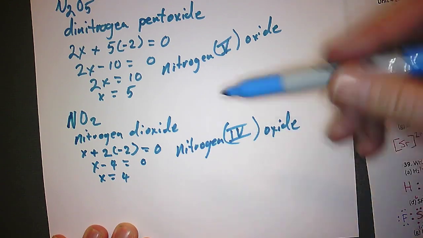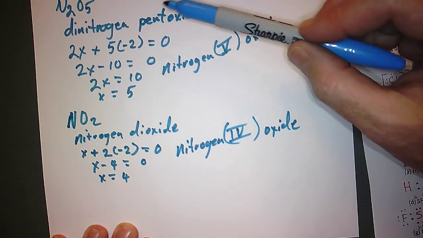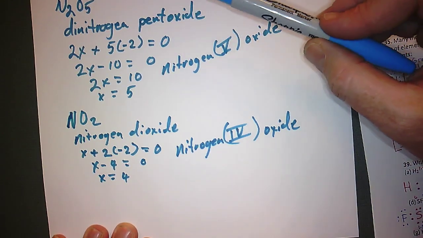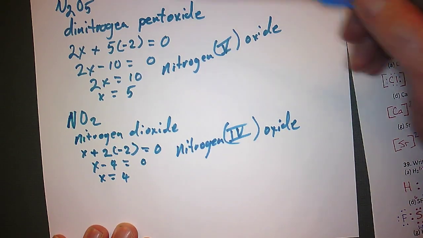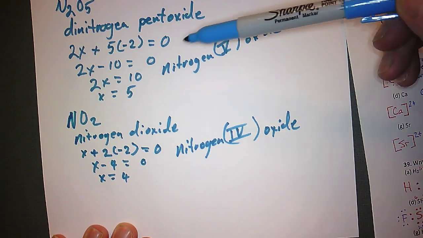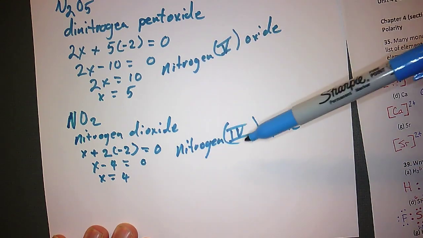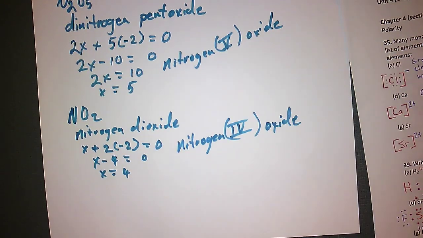Okay, so what I wanted to point out, like I said, somebody last hour, and it was a good observation, noticed on both these that the charge was the same as the prefix of the second one, but in this case, it would not be. Does that make sense? Are you with me?